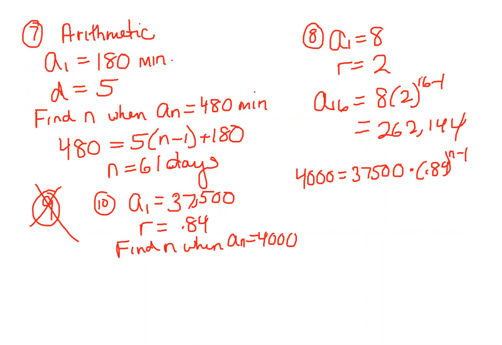And we're going to solve this by dividing 4,000 by 37,500 and then taking the log, and you should get N equals 13.84 years. So if we started in 2012, if you add 13 years to get that, you should get 2024. Right? And that is the end of this section.